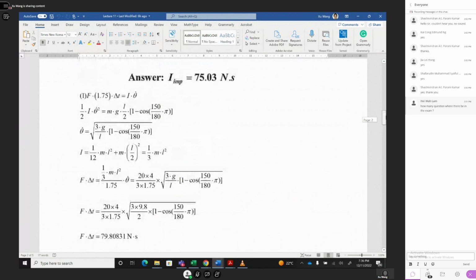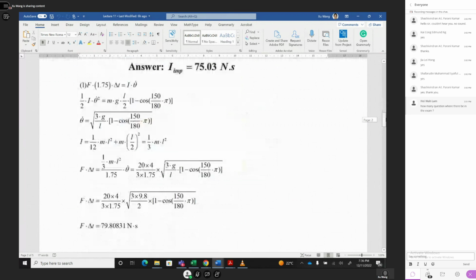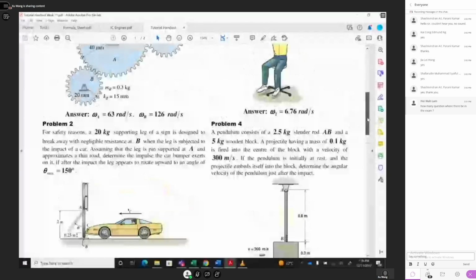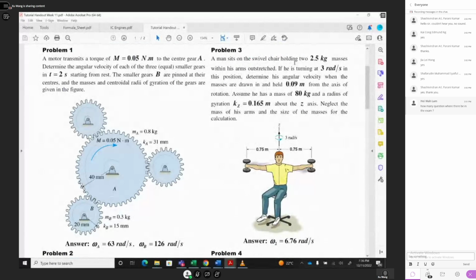So then we go to the next one, question 2. Then question 3. What's question 3 talk about? Question 3 talk about a man sit on a sphere chair and hold a 2.5 kilogram mass within his arm outstretched. First is 0.75 outstretched.